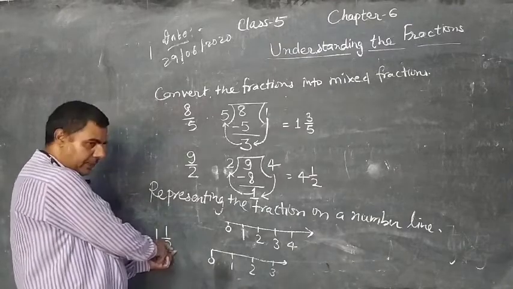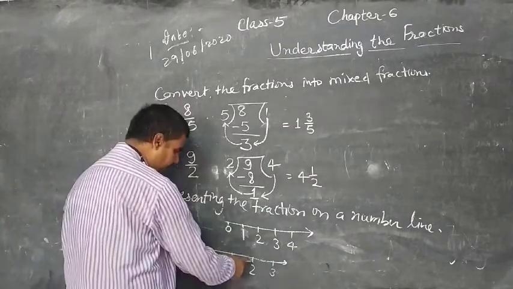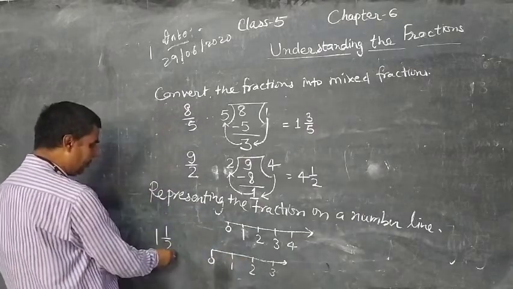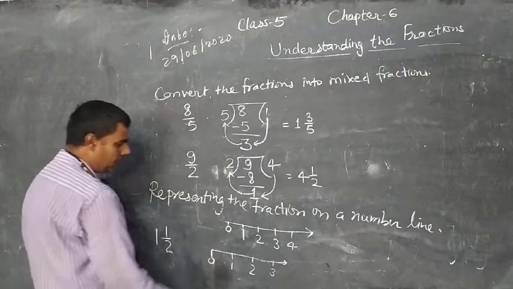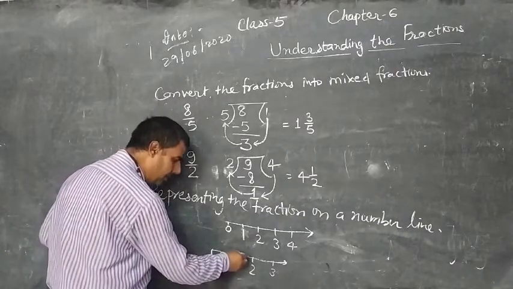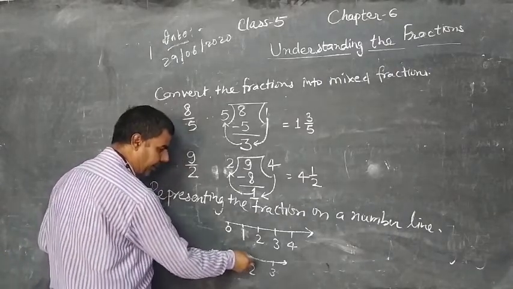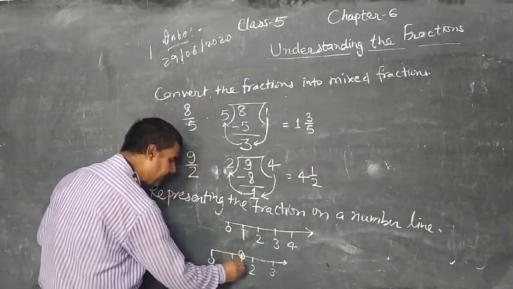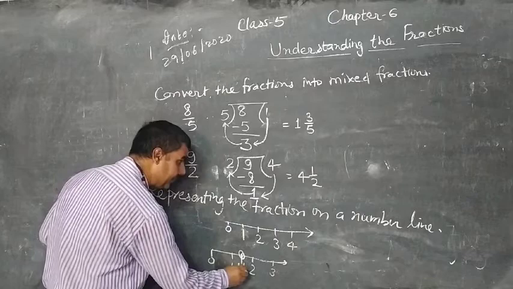It is more than 1 but less than 2. But our denominator is 2. So divide 1 and 2 into 2 equal parts. So this part will be 1 and 1 by 2.